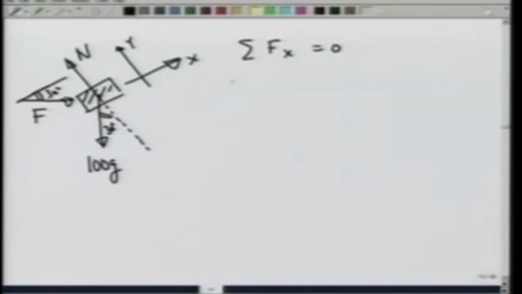Let me mark the angles: this is 30 degrees and so is this. Summation Fx equal to 0 gives me F cosine of 30 degrees minus 100 g sine of 30 degrees equal to 0.